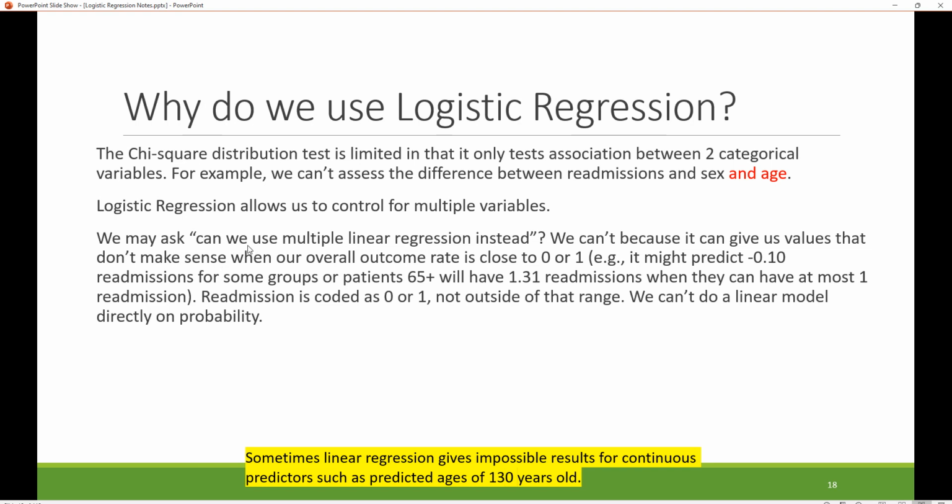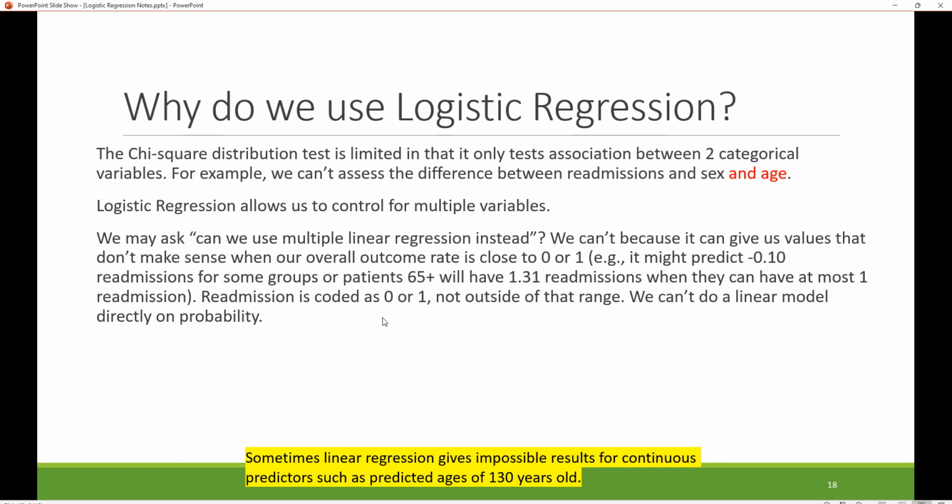We may ask, can we use multiple linear regression instead? We can't, because it can give us values that don't make sense when our overall outcome rate is close to 0 or 1. For example, it might predict negative 0.1 readmissions for some groups, or patients that are 65 and older could have 1.31 readmissions when at most they can have 1 readmission.